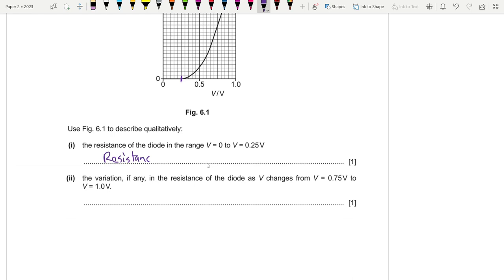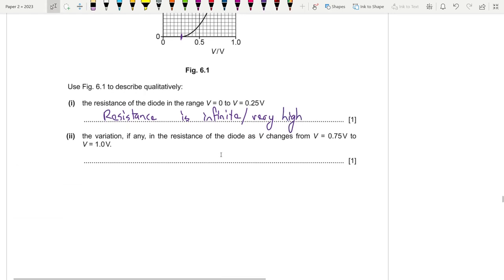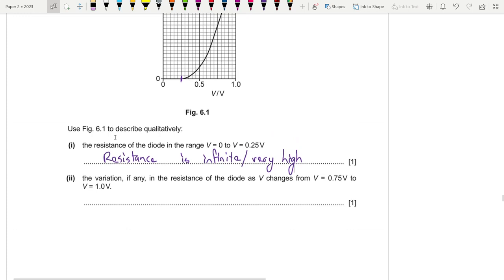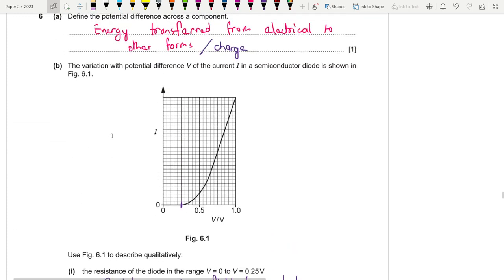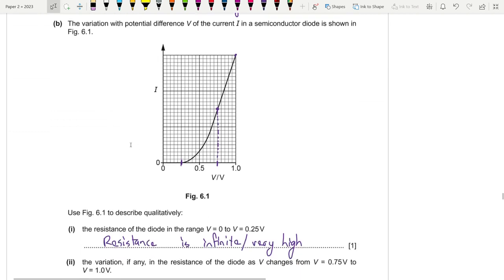So resistance is infinite or very high. Next, the variation, if any, in the resistance of the diode as V changes from 0.75 to 1. From 0.75 to 1, as you can see from this point to this one, what's happening to it.